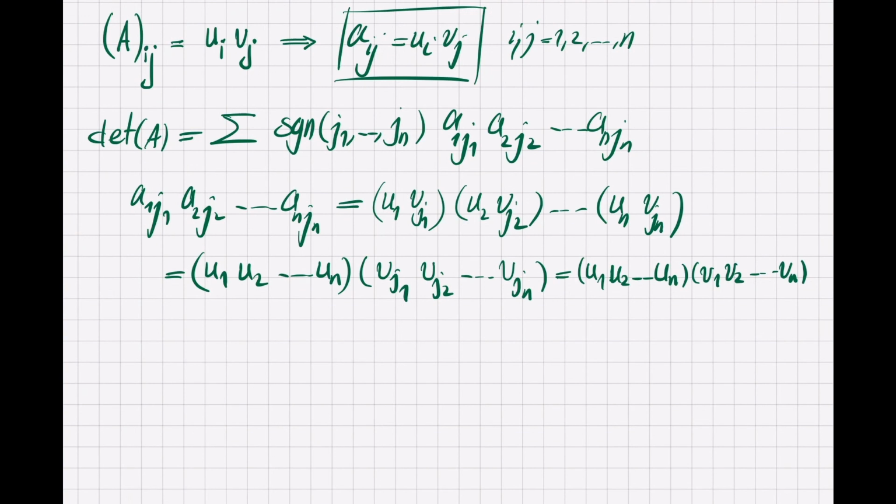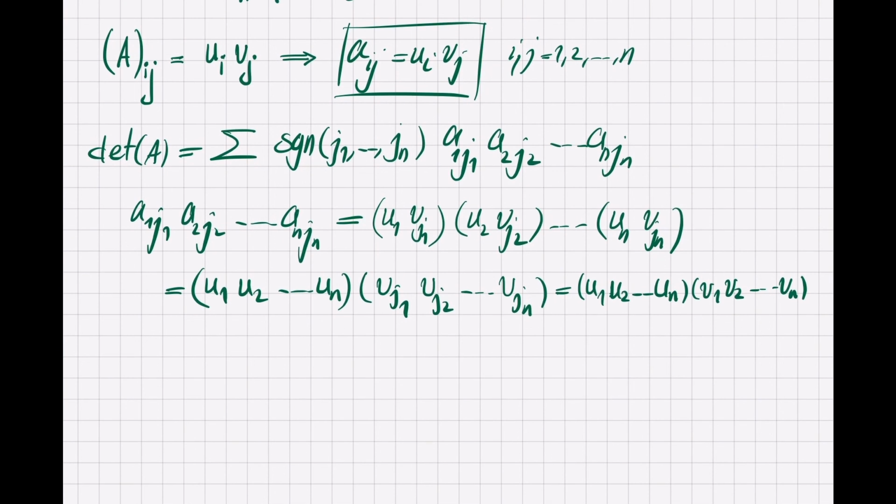One interesting point about this problem is this. Here we prove that all these elementary products are equal to each other. So if we are interested in calculating the determinant, you can pull this expression, which is common to all of them, out, so it becomes u1 up to un multiplied by v1 v2 up to vn.